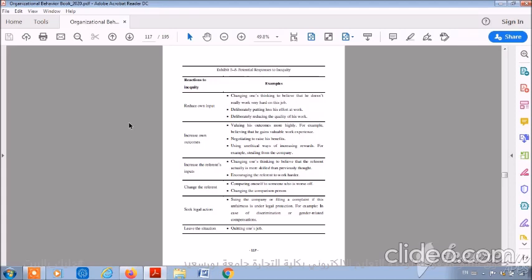For example, changing one's thinking to believe that he doesn't really work very hard on this job, or deliberately putting less effort into work, or deliberately reducing the quality of his work.